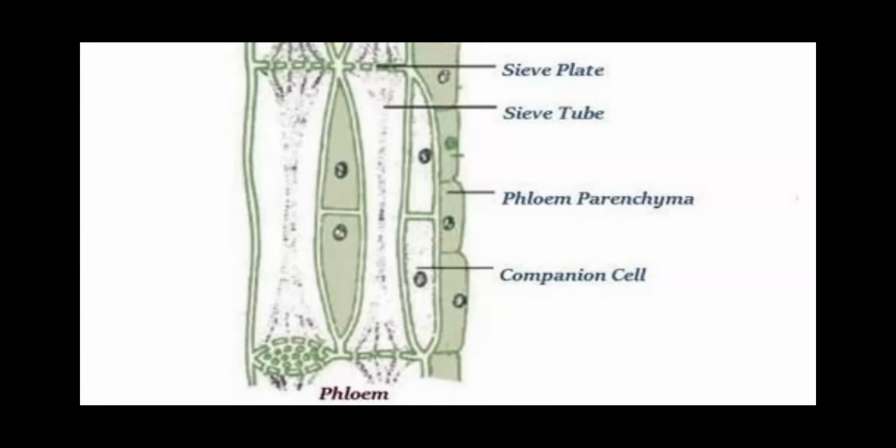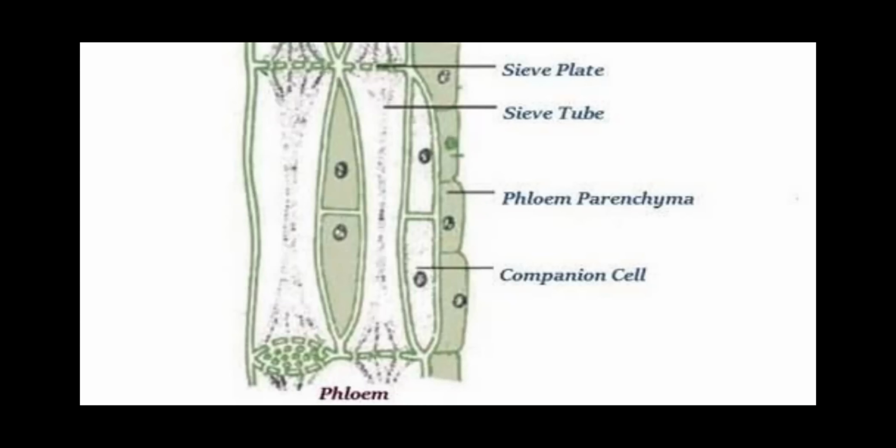These end walls are known as sieve plates, the openings in them known as sieve pores. Through these sieve pores, materials get transported from one sieve tube member into the other in the form of protoplasmic strands, and that is how the transportation takes place in sieve tubes.